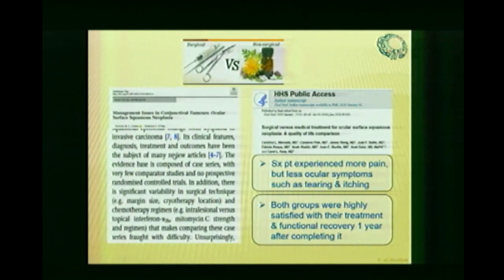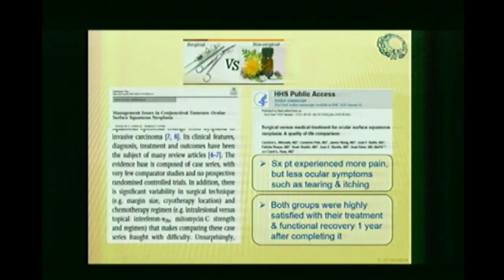There were none differentiating the medical versus surgical. And this is the most important thing to know. So that's why it's your experience plus the case series that will define your protocol.